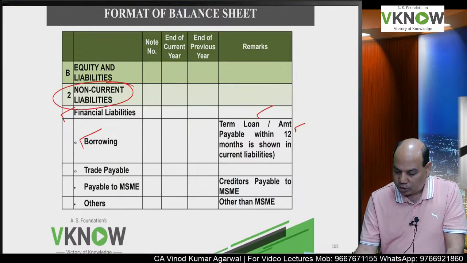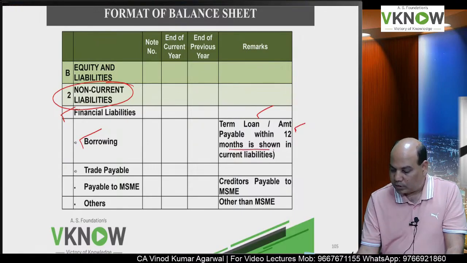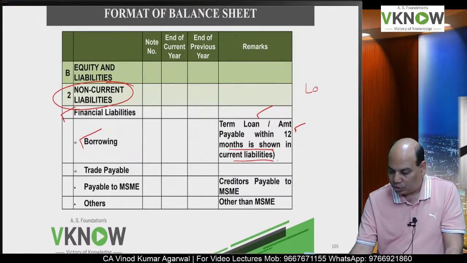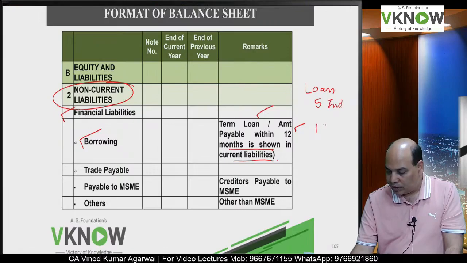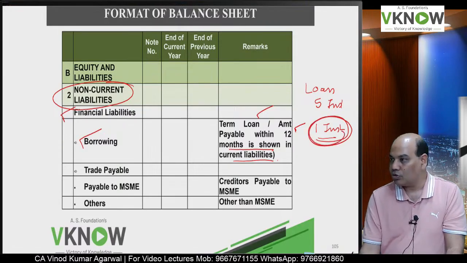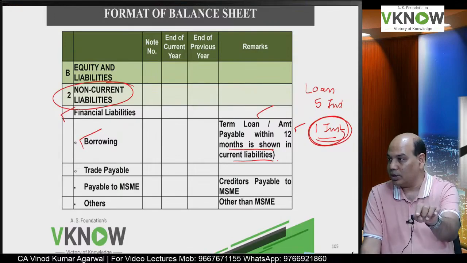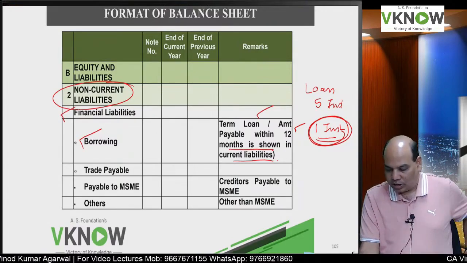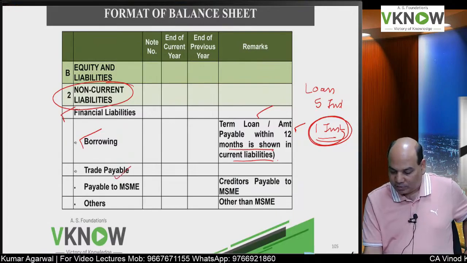Then the amount which is payable within 12 months will be shown as current liability. Suppose you have to pay the loan in 5 installments. One installment is payable next year. So this one installment amount will go to current liability, and the remaining 4 will come in non-current liability. Then trade payable.